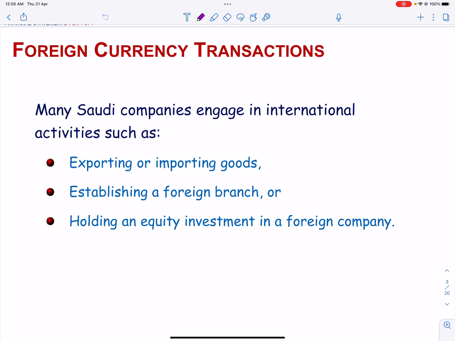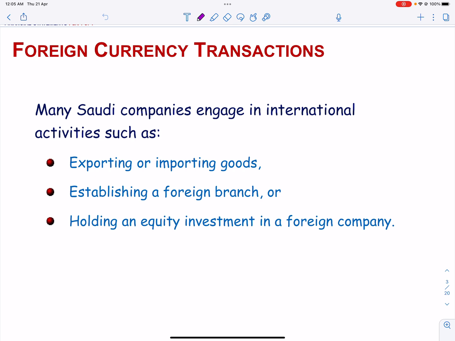These Saudi firms like Aramco, Sabic, Al-Marai, Mahmoud Saeed, Saudi Cement Company, they operate overseas, having operations in USA, Germany, Japan, Indonesia, Australia, or they might be having investment in other countries.